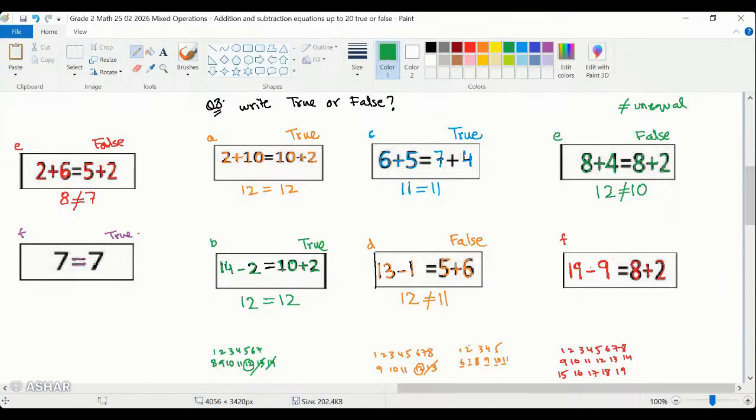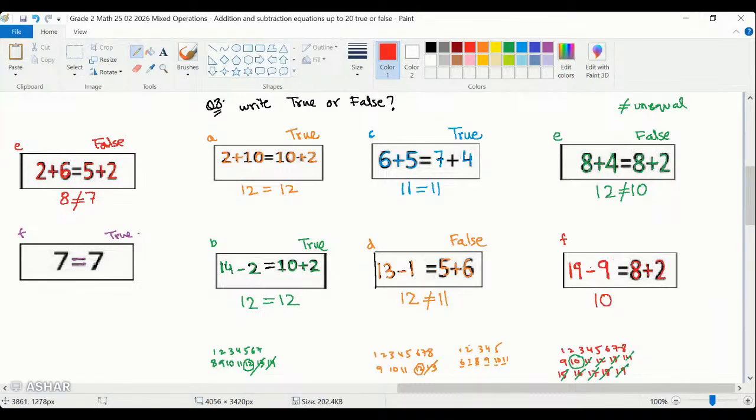Minus 9, we remove the 9 numbers 1, 2, 3, 4, 5, 6, 7, 8, 9. And we are left with 19 minus 9 is 10. And 8 plus 2 is? Yes, thank you, May. E is false.